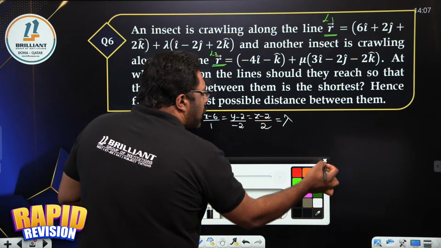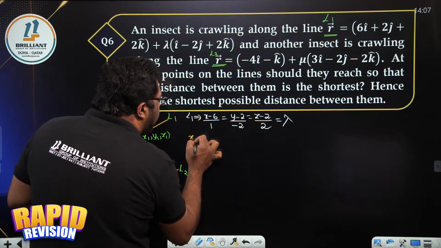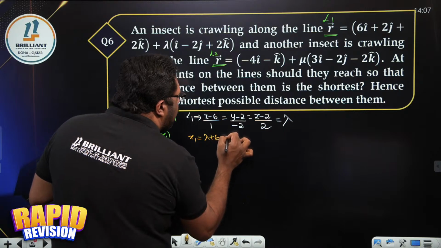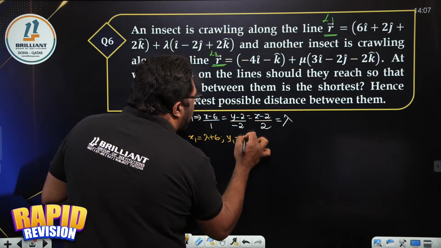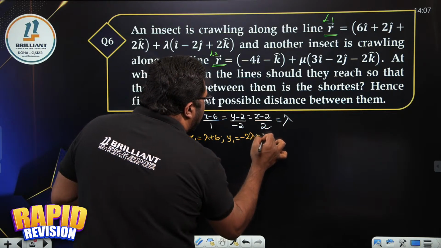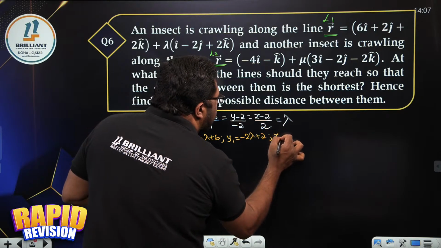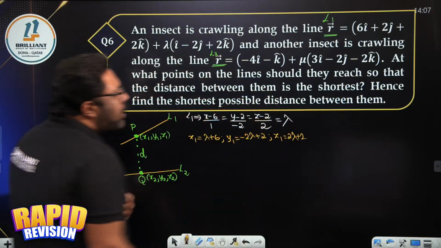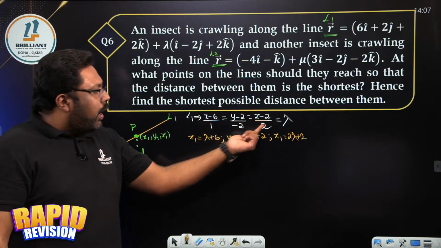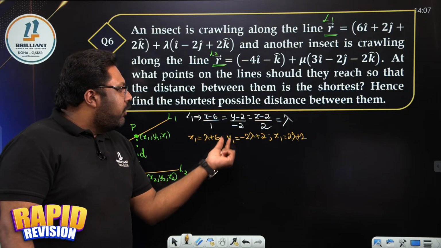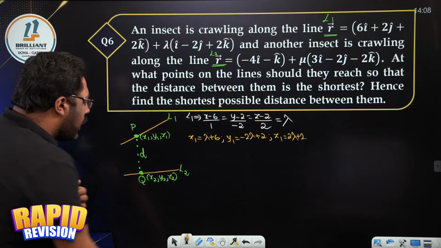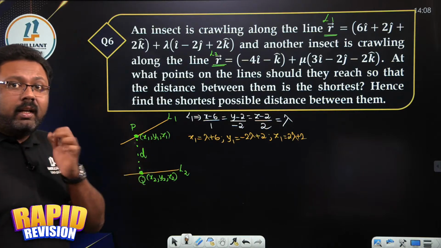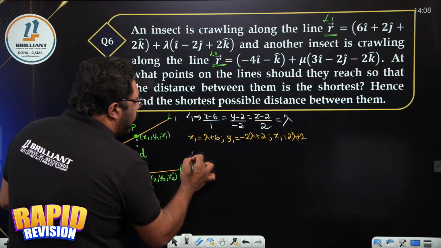From this I'm writing the coordinates: x1 is lambda plus 6, y1 is minus 2 lambda plus 2, z1 is 2 lambda plus 2. So I use the equation of line 1 to write the values of x1, y1, z1. It might look difficult, but the question is not difficult. You just need to be sensible.